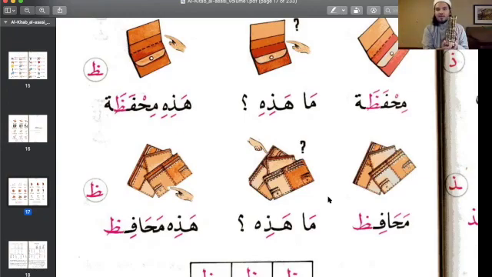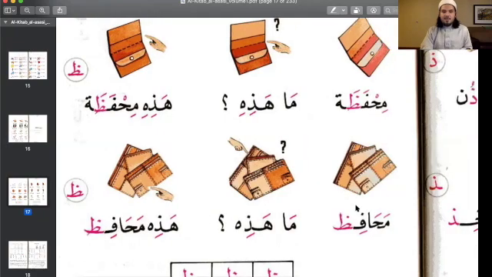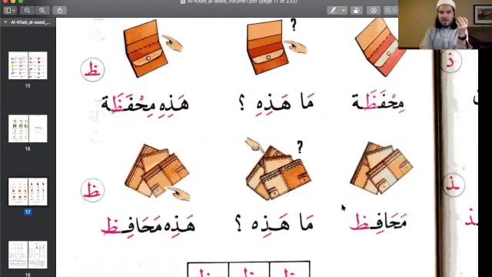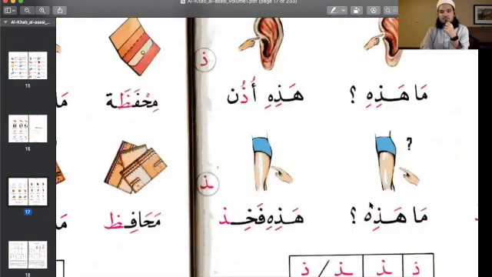We wouldn't say هؤلاء كتب. The same thing with محافظ: هذه محافظ. But if you were saying حفاظ, people who have memorized the Quran, or حافظات, women who had memorized the Quran, هؤلاء حافظات. Good question.